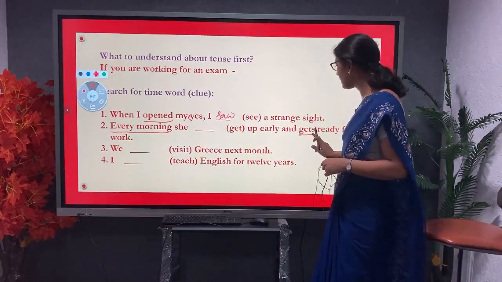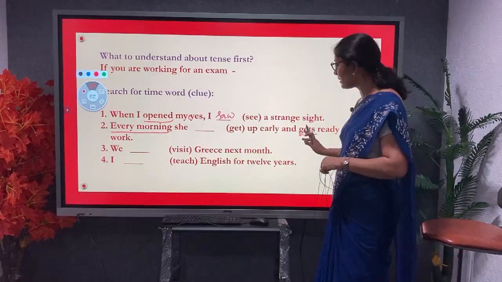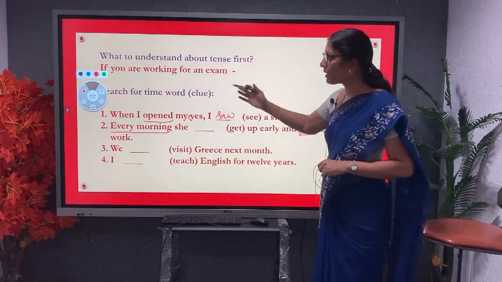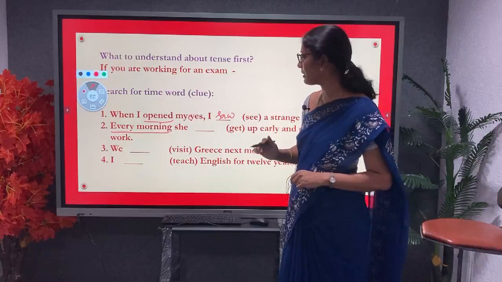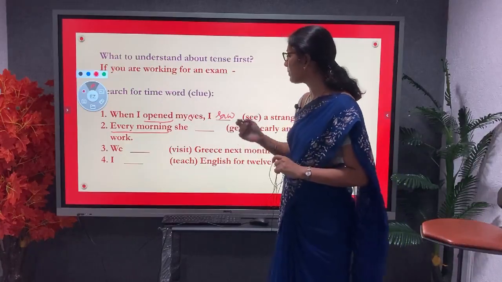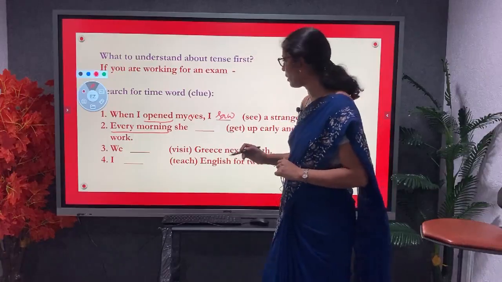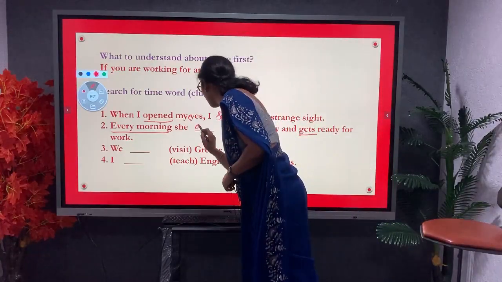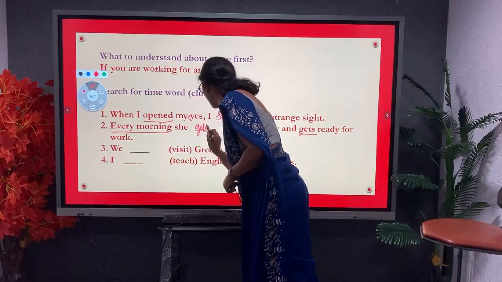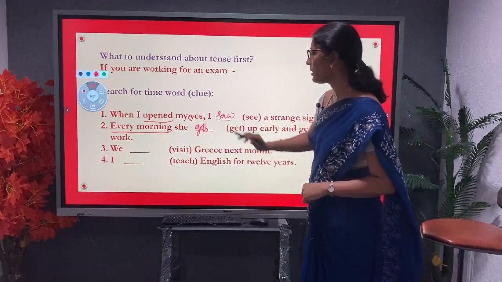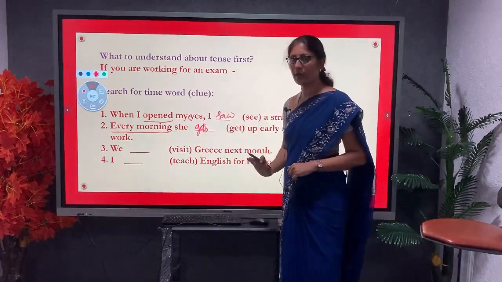So gets is in simple present. That means it's a regular action, so for regular action we use simple present tense. Simple present tense means V1, and for third person singular we add s or es. So she gets. See that here the clue is every morning.